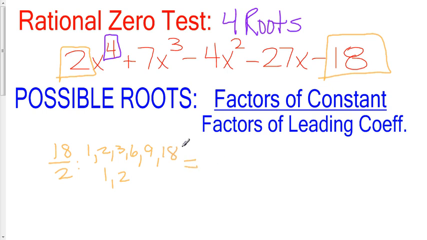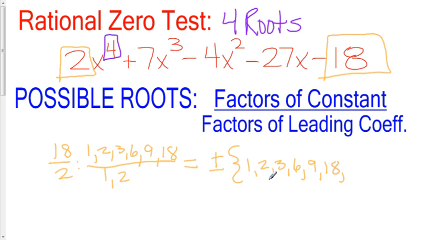So then our possible roots would be plus and minus all of these things over 1 and all of these things over 2. So anything over 1 is just going to be it. So 1, 2, 3, 6, 9, 18.